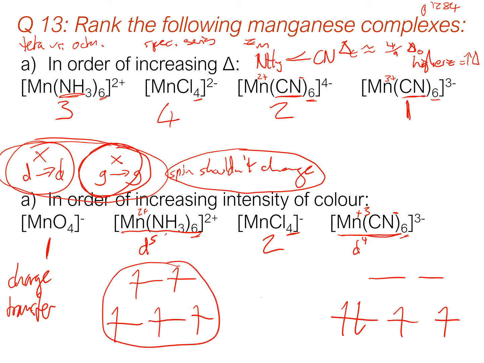So this one is the weakest, and this one does. This one we could have one jumping up like that. The spin can stay the same. So then this is number 3. So there we have it. Increasing intensity of colour and also increasing crystal field splitting energy for quite a few manganese complexes.